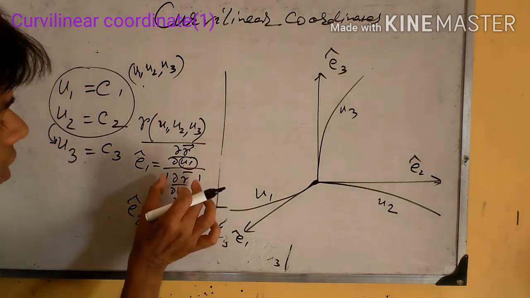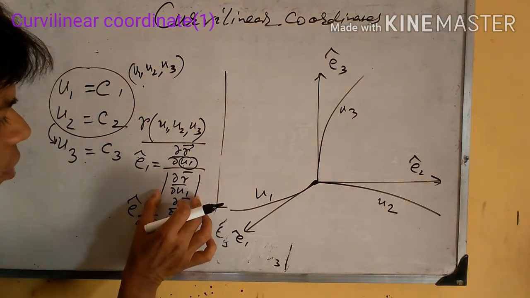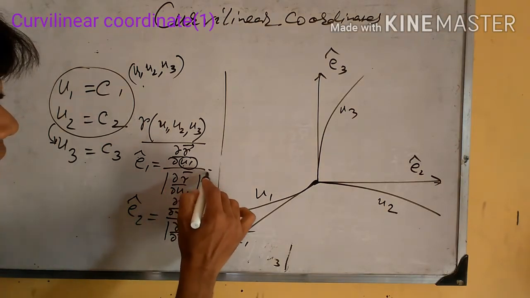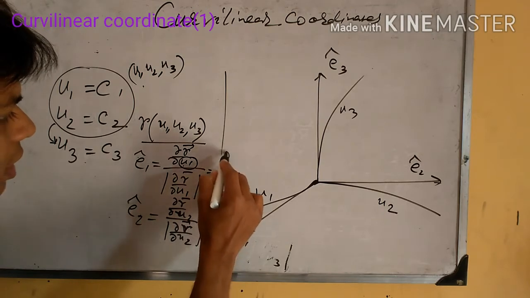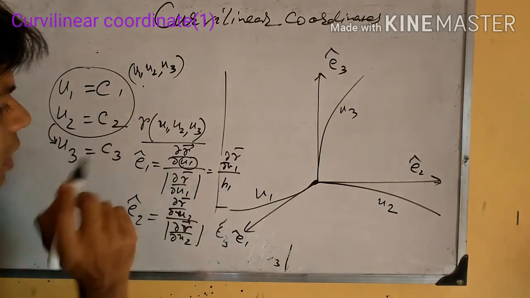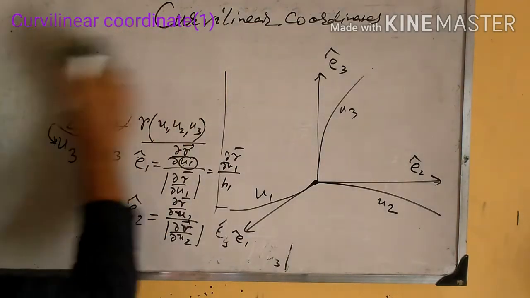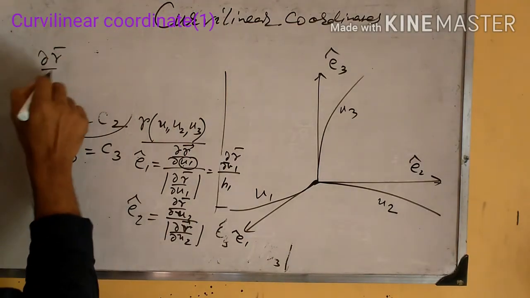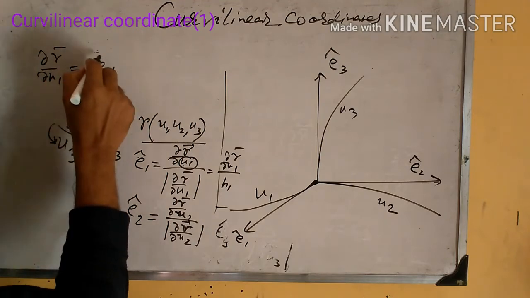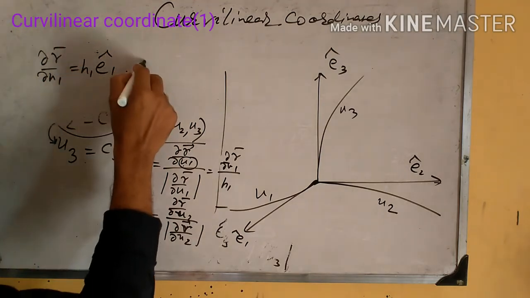Now, this mod of del R by del U1 is written as H1, that is del R by del U1 divided by H1 equals E1 cap. So we can write del R by del U1 equals H1 E1 cap.